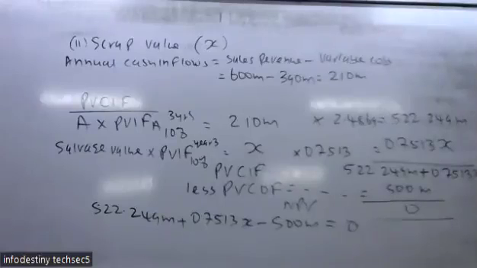So everything remains. We only now make the scrap value to be X. The rest of the details go back to where they were initially. Then we now look for X.